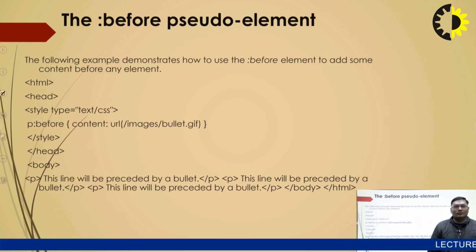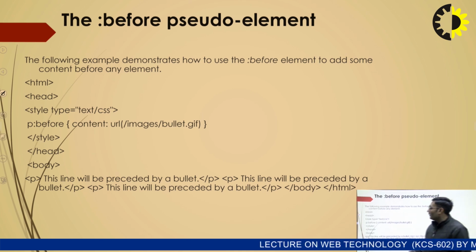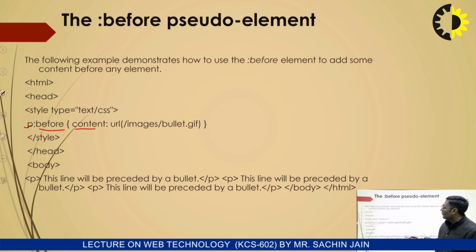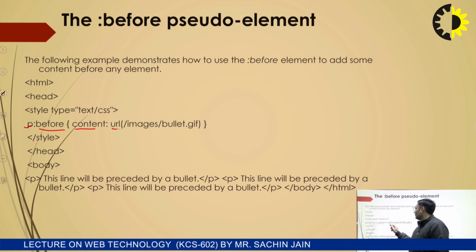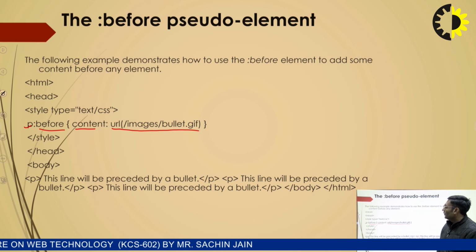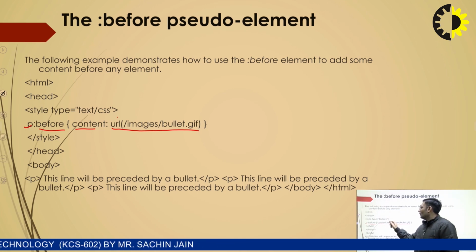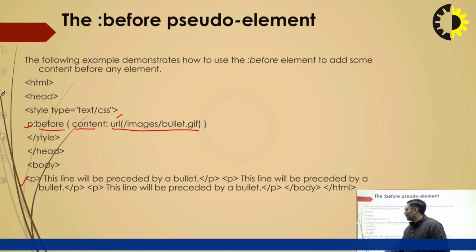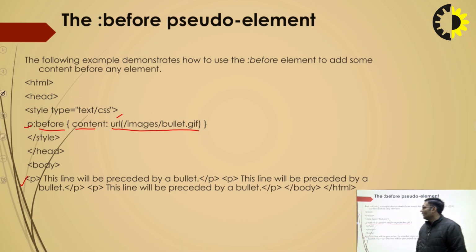Another pseudo element is colon before. Here we can write my selector colon before, with the content property that I want to change, and its value is bullet.gif that is inside the image folder. So here things will be changed as per this pseudo element.